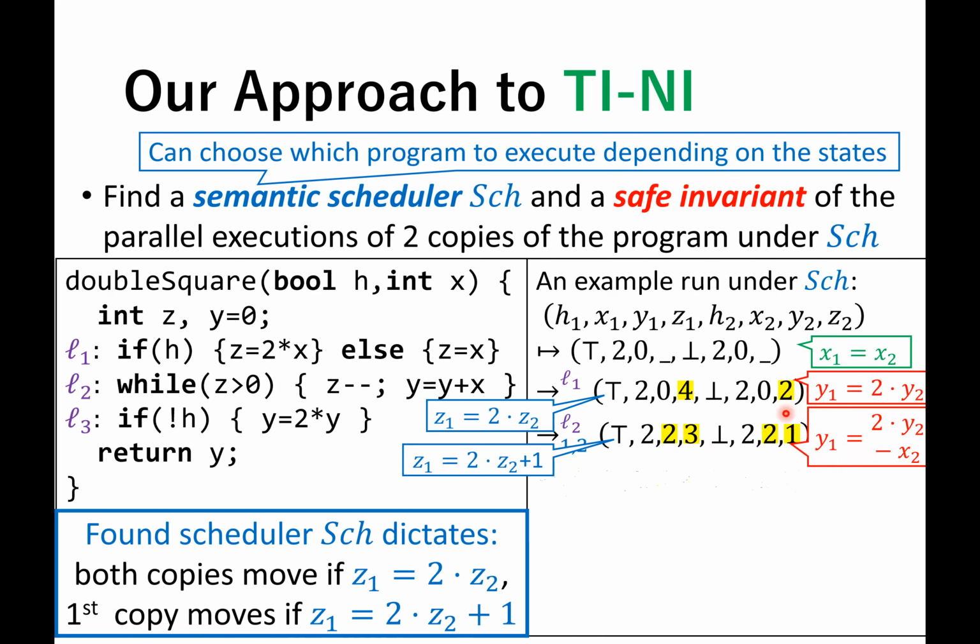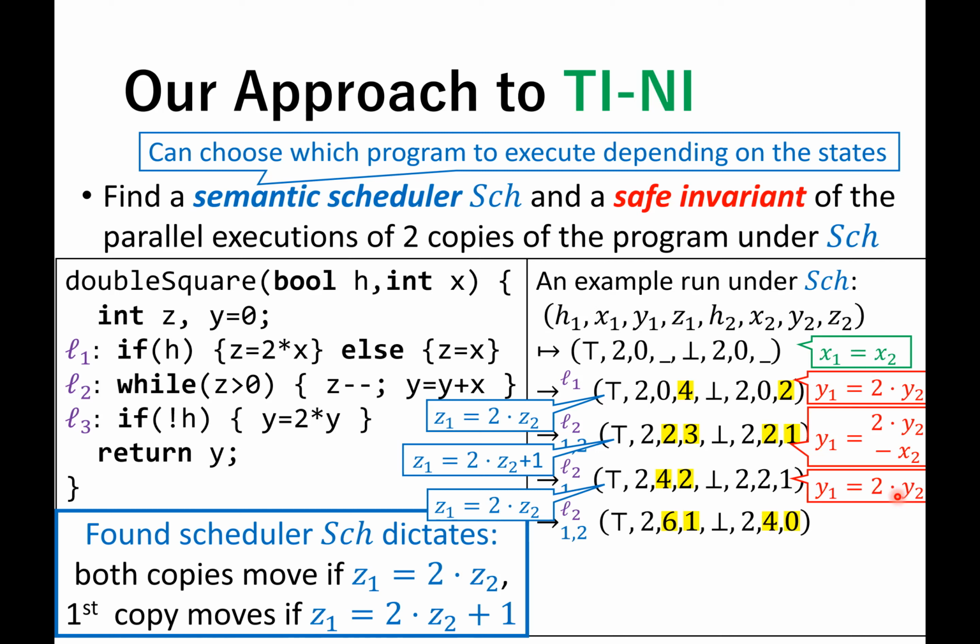But we can repeat this process. Since z values now satisfy this condition, the scheduler schedules only the first copy, updating the state of the first copy. And again, this condition on y values holds. And we can repeat this until both copies exit the loop.